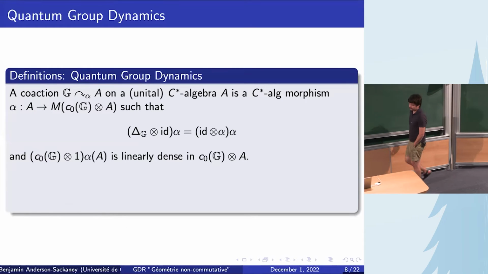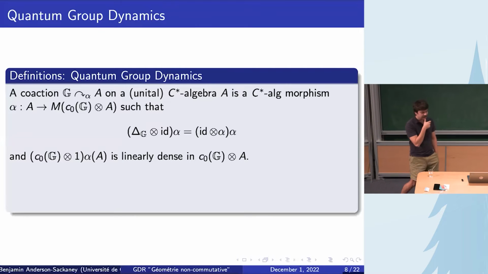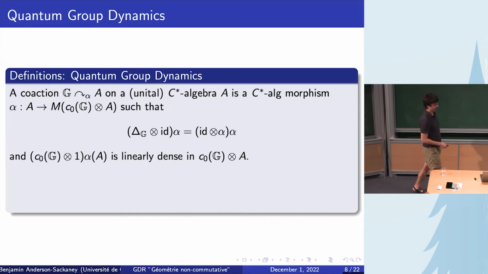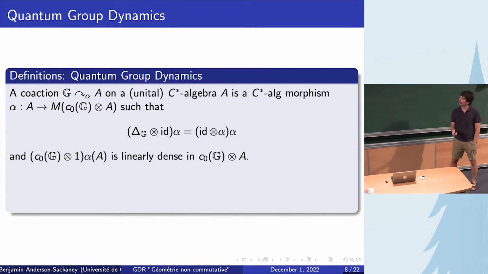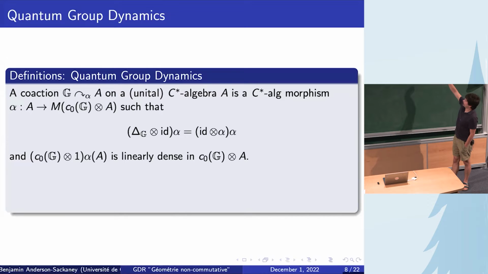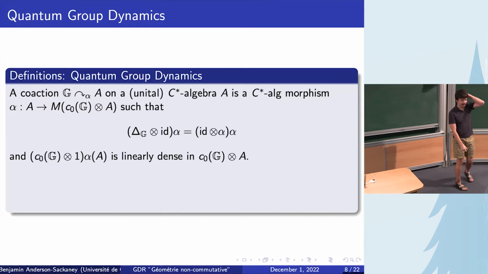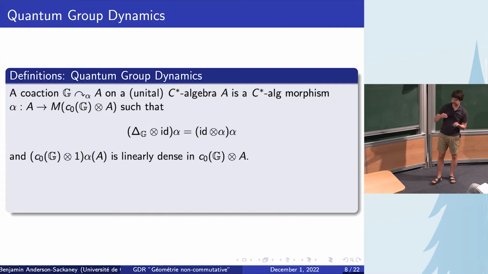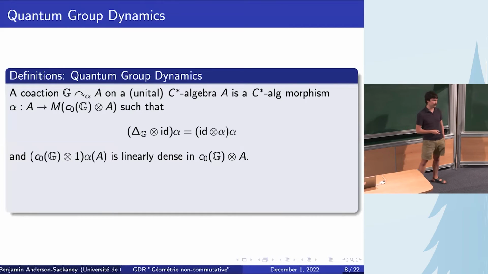All right, so let's go to the quantum group dynamics. Here, what you do is you replace the idea of an action with a coaction, which is what the coproduct is to the group product. Basically, a coaction is a morphism on a unital C-star algebra going from A to this space, and it satisfies this coaction property, which is a generalization of the coassociativity property, much like how the group action law is a generalization of the associativity law for a group multiplication.